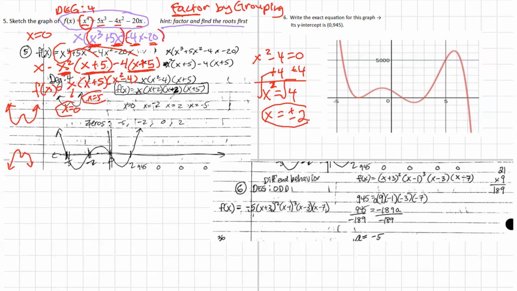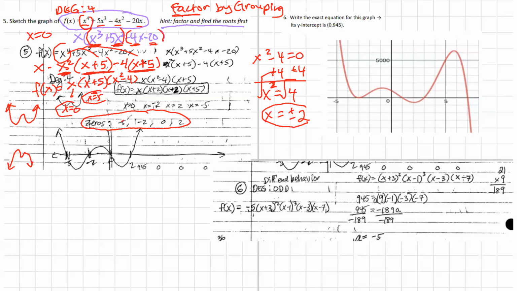Okay, so put your numbers in order. So put the zeros in order. -5 goes first. Sorry, was it a double root? No, it was not a double root. We factored it out. So -5 goes first. I forgot the negative here.